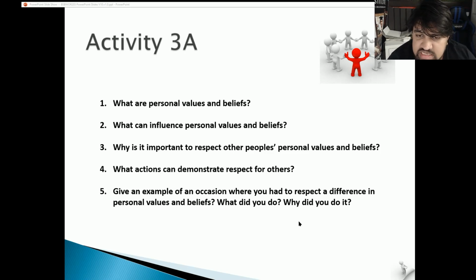So next is, what actions can demonstrate respect for others? Doing research, trying to understand where they're coming from, asking them questions and letting them know that you have no previous knowledge on that topic or that religion or that background and you'd like to learn. Be open and have clear communication with them, telling them that you're not coming from a place of hatred, you're just inexperienced or have no knowledge in the topic and you want to know.